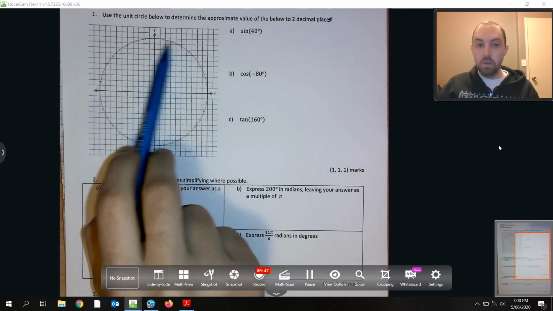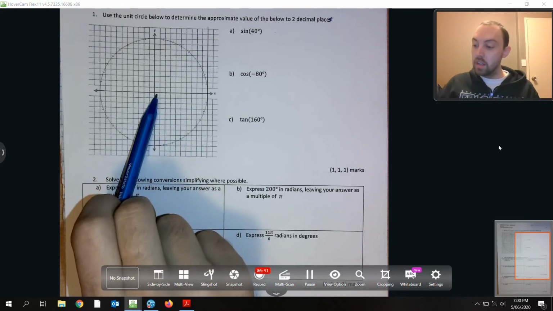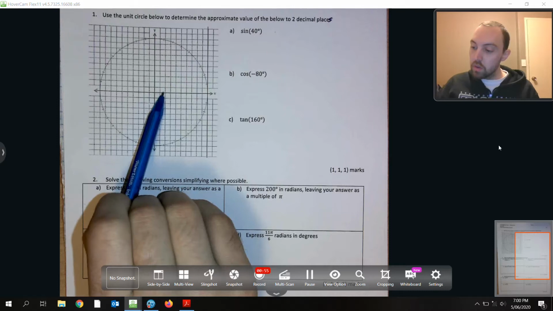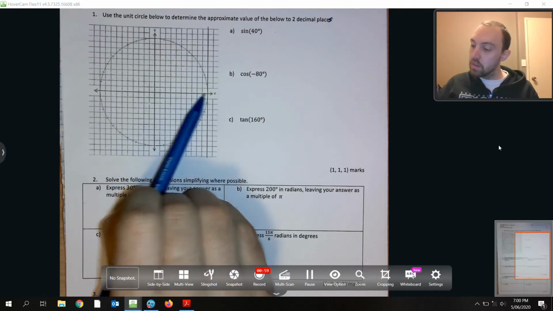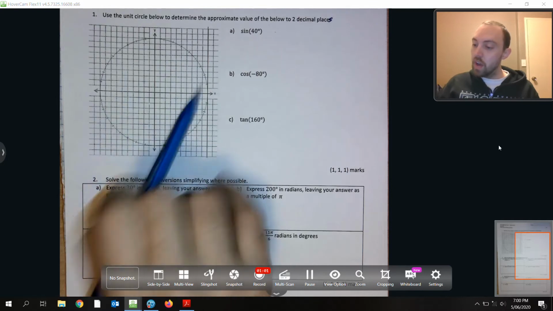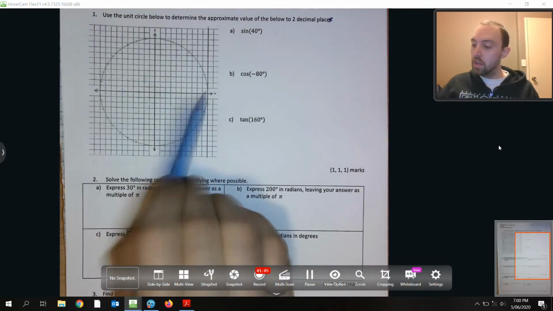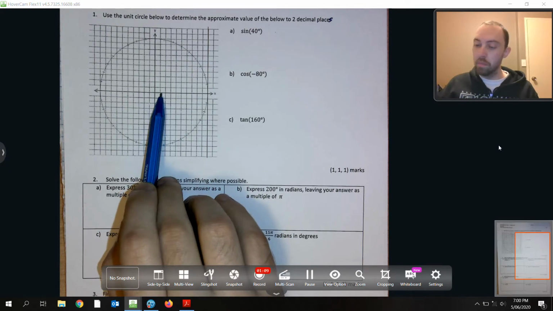Okay, so we have a unit circle. We've got a nice grid going on here, and it looks like we've got 1, 2, 3, 4, 5, 6, 7, 8, 9, 10. We've got a scale diagram of the unit circle with a 10 block grid here, so each one would be 0.1.